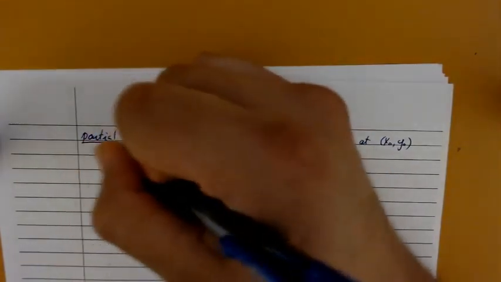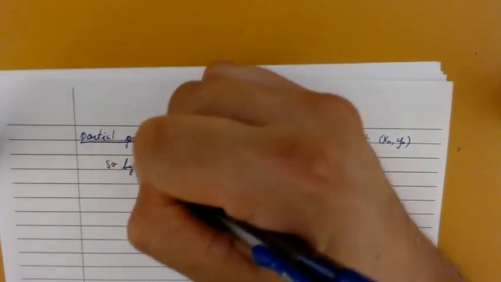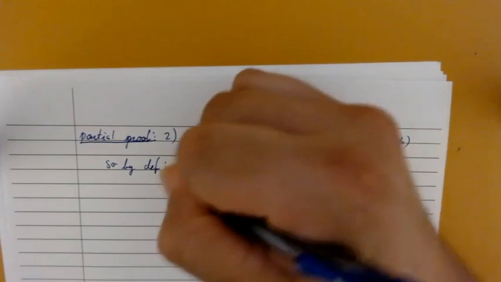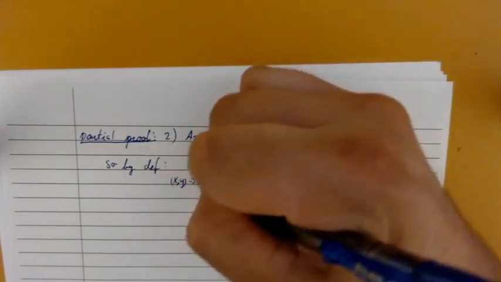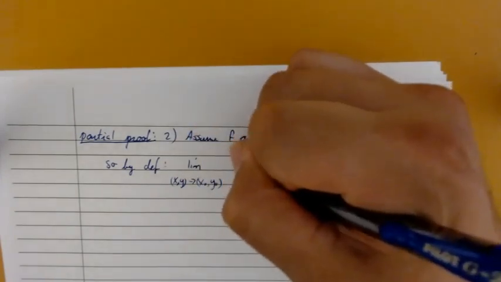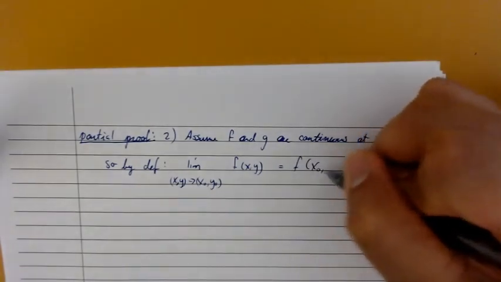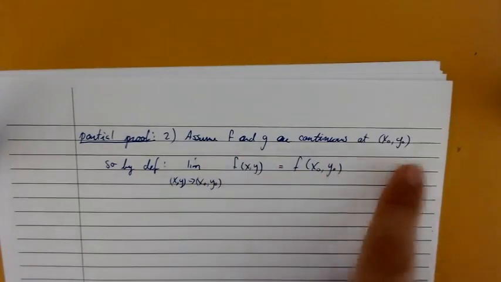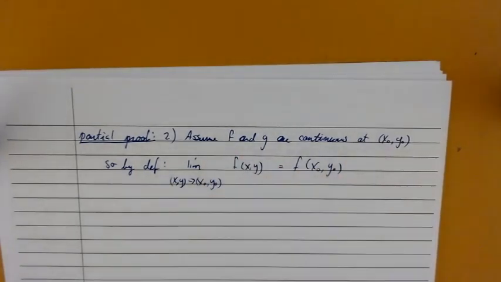All right, so by definition, we have that the limit as x, y approaches x naught, y naught of f of x, y equals f of x naught, y naught. After all, that's what it means for f to be continuous at x naught, y naught. That means if you take the limit, you just plug in that point. Okay.